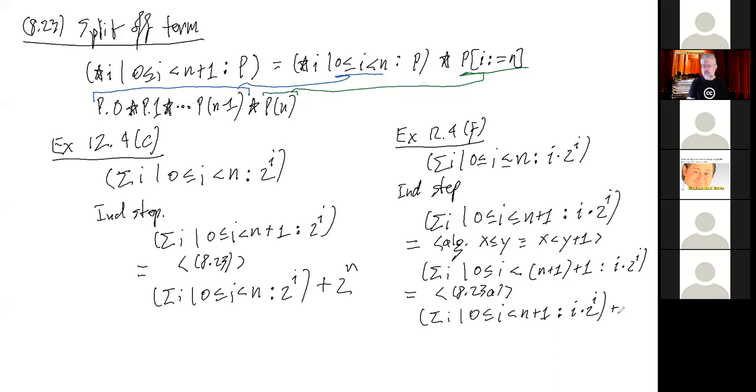So I'm going to have, oh, I'm running out of room, n plus 1 times 2 to the n plus 1. And so it's crucial here that I get the n plus 1s here, because this went up to and included n plus 1, whereas over here it didn't include n plus 1, it stopped at n. So I only ended up with an n here, and I ended up with n plus 1s over here.